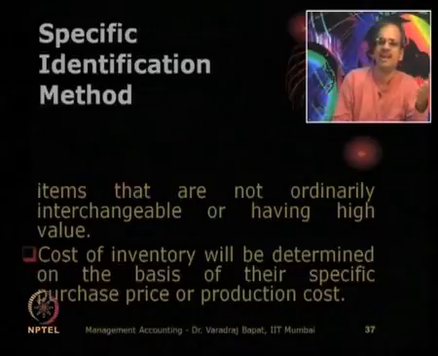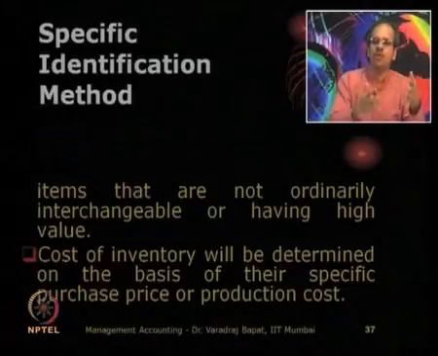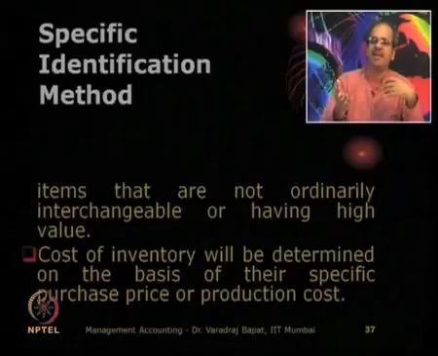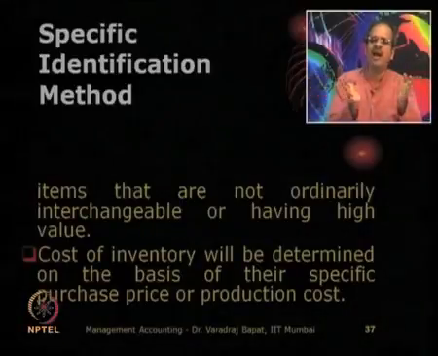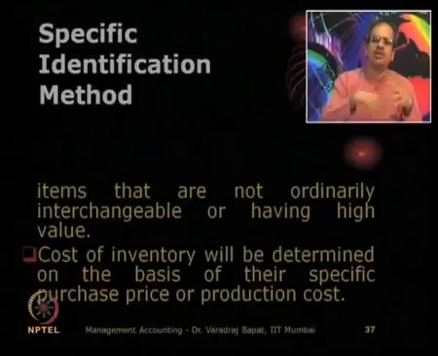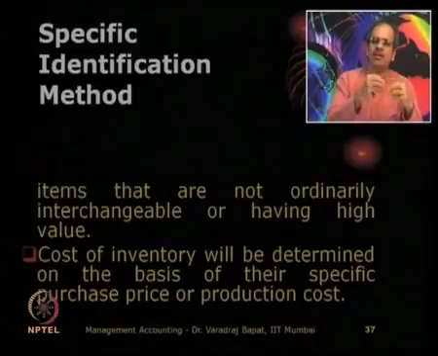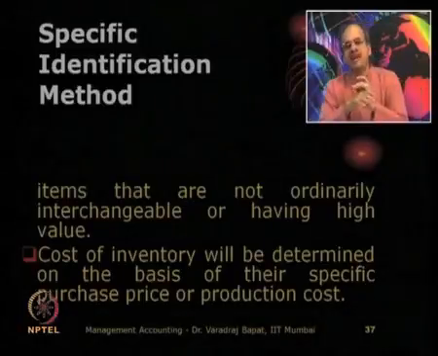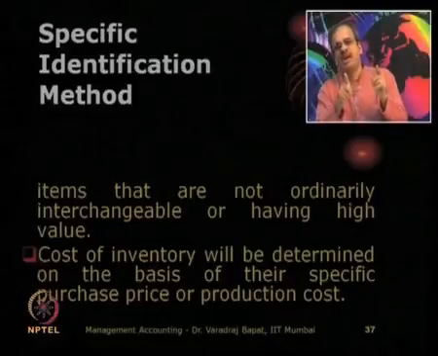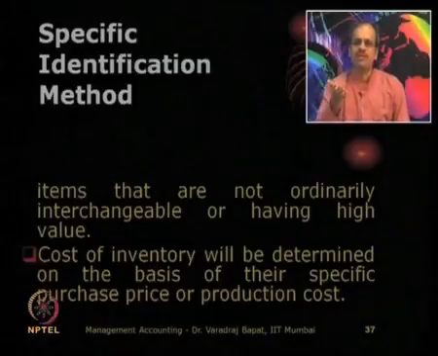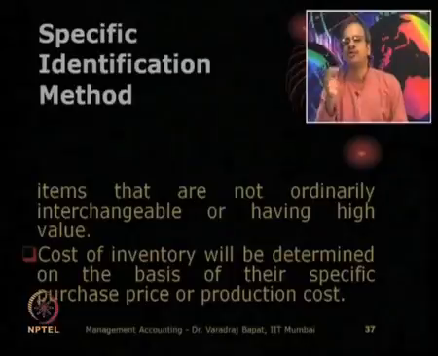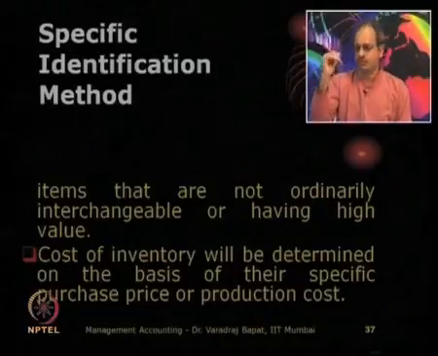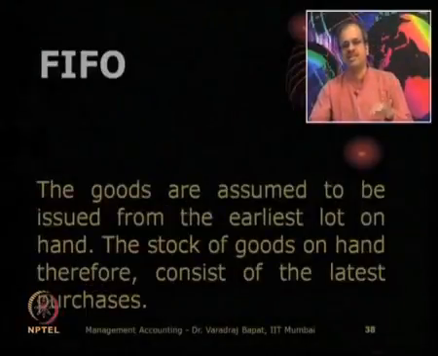Same way for items like FMCG, let us say soaps, let us say eatables. You may be buying a large number, so it is not possible to identify which item has come at what time and so on. That is why, though the specific identification method is a very suitable method, it cannot be used for all the items. So there are some other methods.